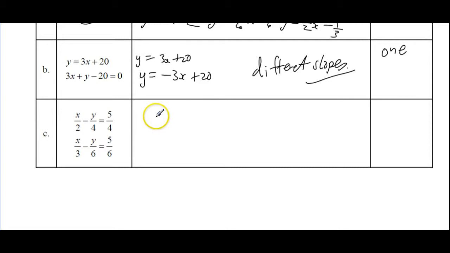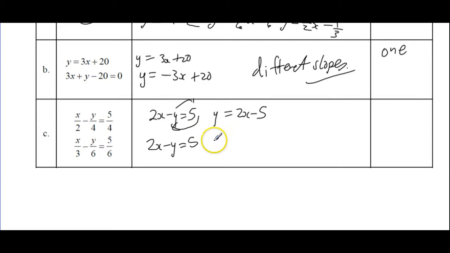Okay, let's multiply by 4. It's going to give me 2x minus y equals 5, or y equals 2x minus 5. Move that over and that over. And multiplying by 6 gives me 2x minus y equals 5. And actually, they're the same line, right?